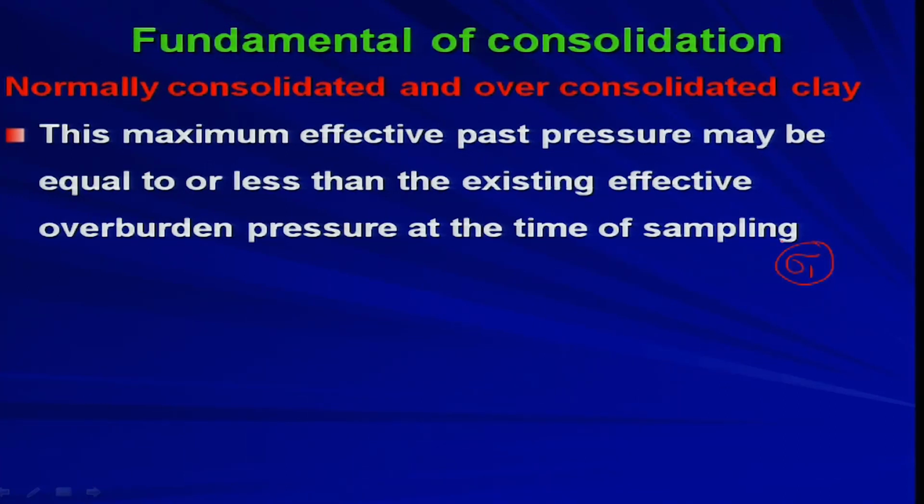Now, you are constructing some building, or maybe some structure, on top of the soil, and that structure is creating some pressure sigma 2. Now, this sigma 2 may be greater than sigma 1 or sigma 2 may be less than sigma 1, right. So, if your sigma 2 is greater than sigma 1, that means you are crossing its previous history.